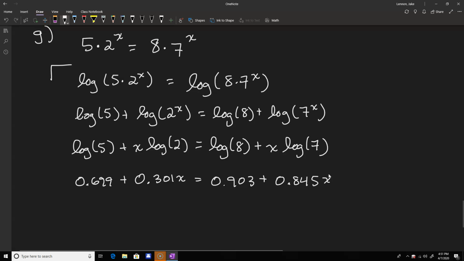And then we just have a linear equation in x that we want to solve. So let's go ahead and move the regular numbers to the left, so we'll be subtracting 0.903, and the x's to the right, so subtracting 0.301x.